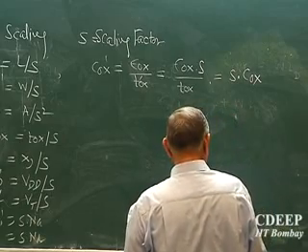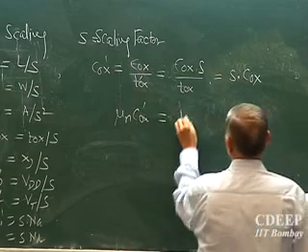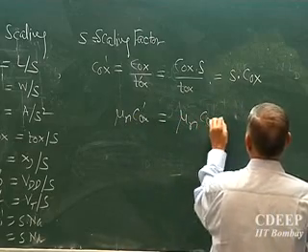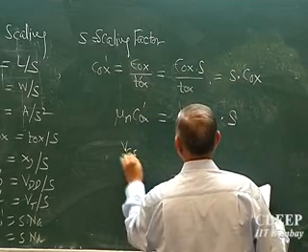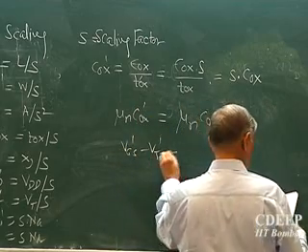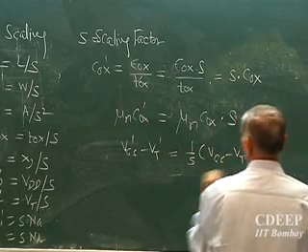Then most important is mu n Cox dash is mu n Cox into S, and therefore VGS dash minus VT dash is 1 upon S times VGS minus VT.